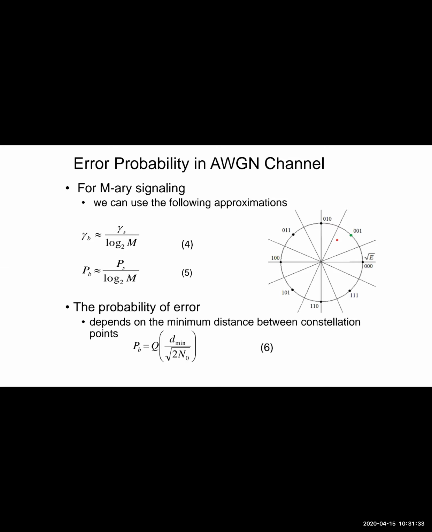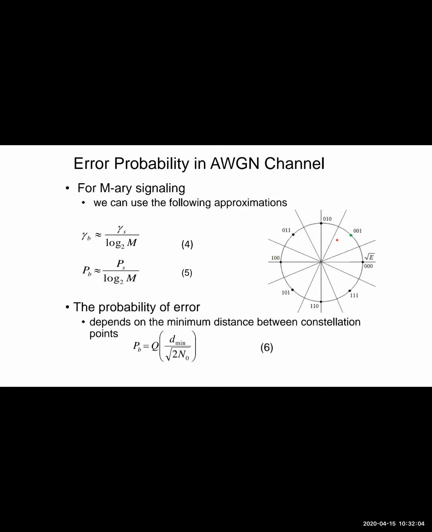And once you are able to determine the D minimum in that equation, if it is 8 PSK, the D minimum will change. If it is binary, the D minimum will change. If it is 32 PSK, the D minimum will change. So it depends on the type of modulation scheme you have.